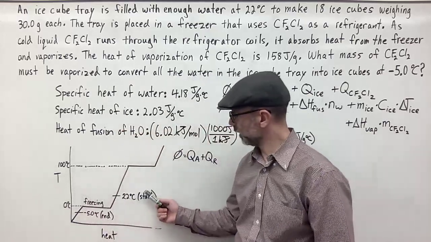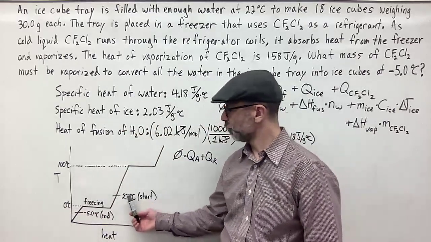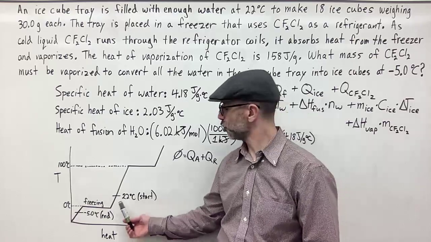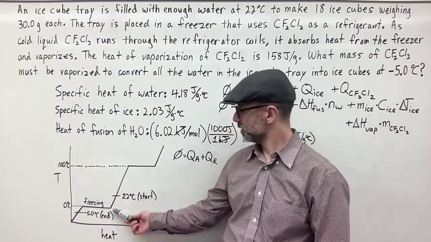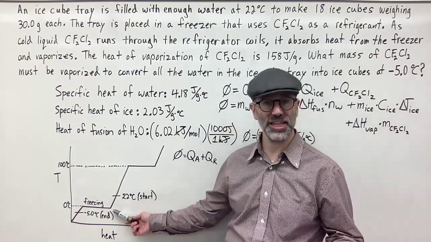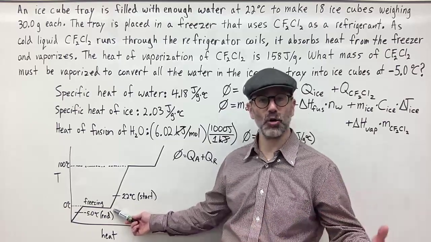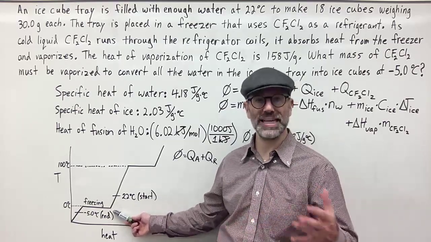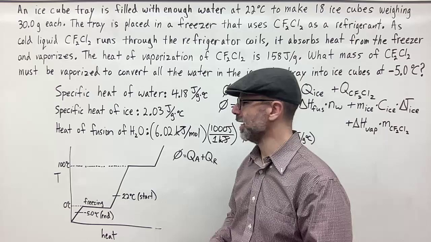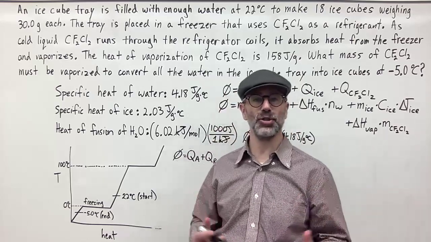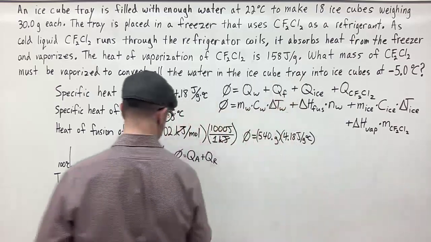So we're going to cool it down, liquid water, from 22 degrees to 0 degrees Celsius. So the final temperature is 0. The initial temperature is 22. So final minus initial is going to be 0 minus 22 degrees. That gives us a change in temperature of negative 22 degrees Celsius.